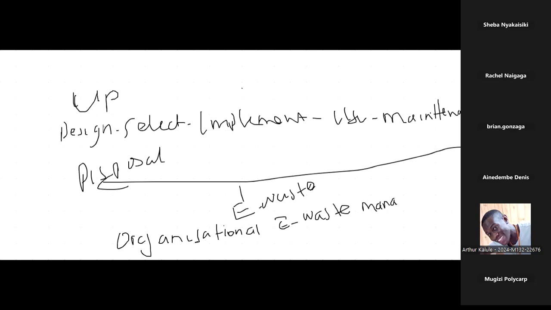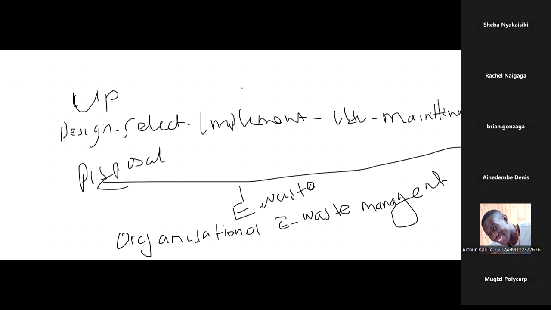Okay, so she may read about organizational e-waste management, and now she wants to actually implement, to study it under Uganda Police. But Uganda Police is not the same as, for example, Uganda Martyrs University. It's not the same as NSSF. Where does the case, she wants to study e-waste.